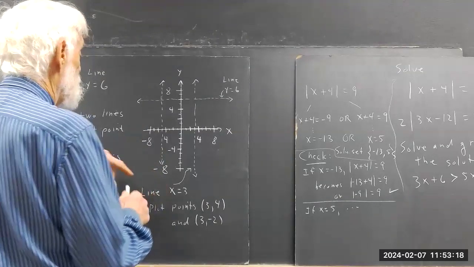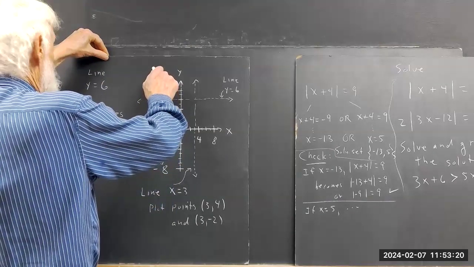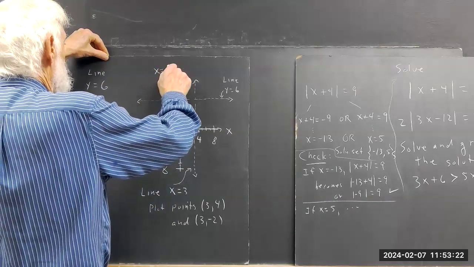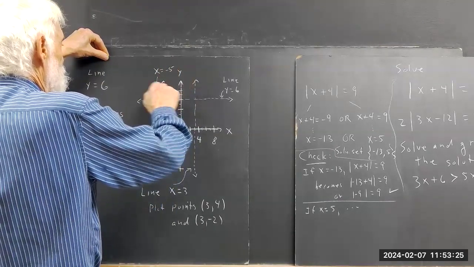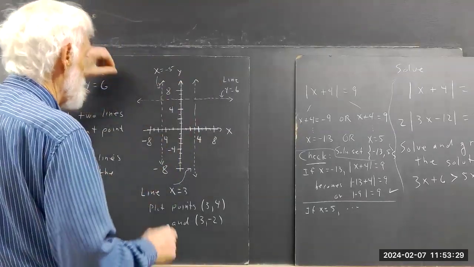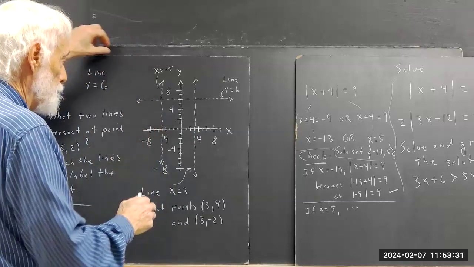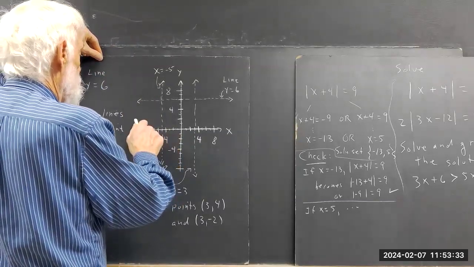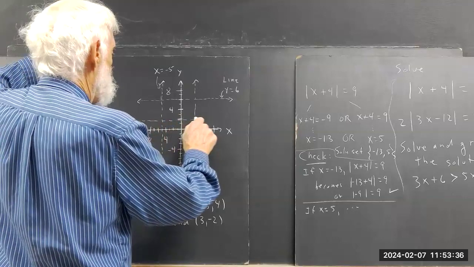Anyhow, this is the line. Can we label the line x equals -5? I don't necessarily put the word line there. We understand that it's a line and I'm labeling it. And the line y equals 2.